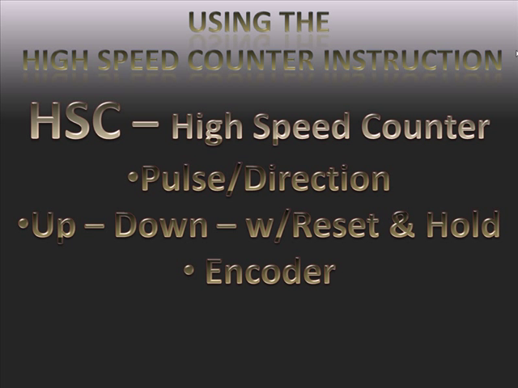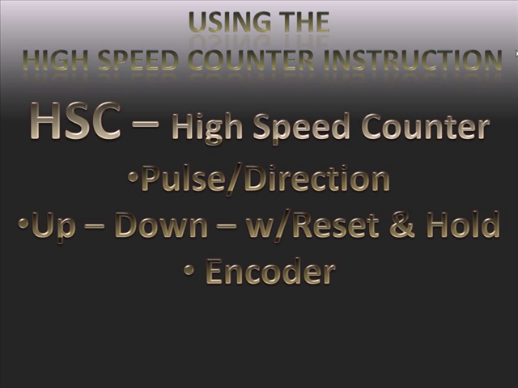There's pulse and direction with external reset and hold. Then there's up and down with external reset and hold, encoder, and encoder with external reset and hold. That's 8 different modes of operation for the high-speed counter instruction.